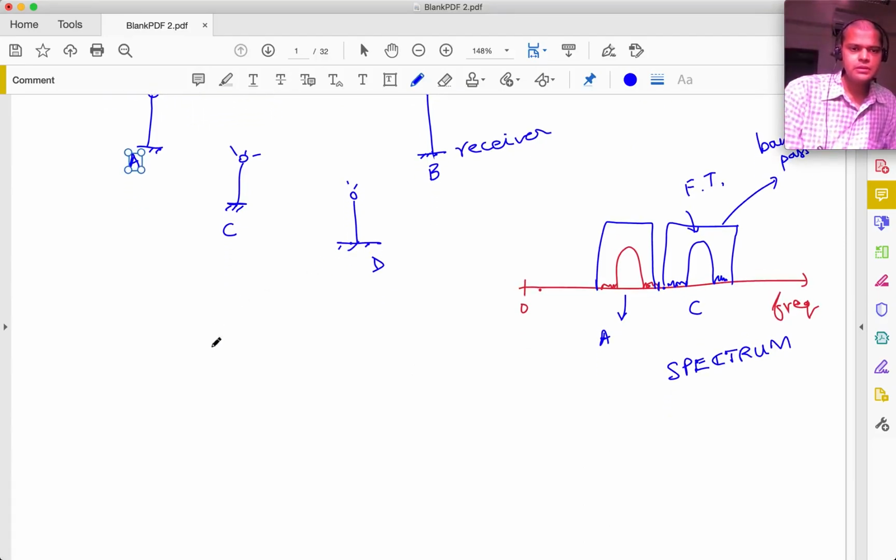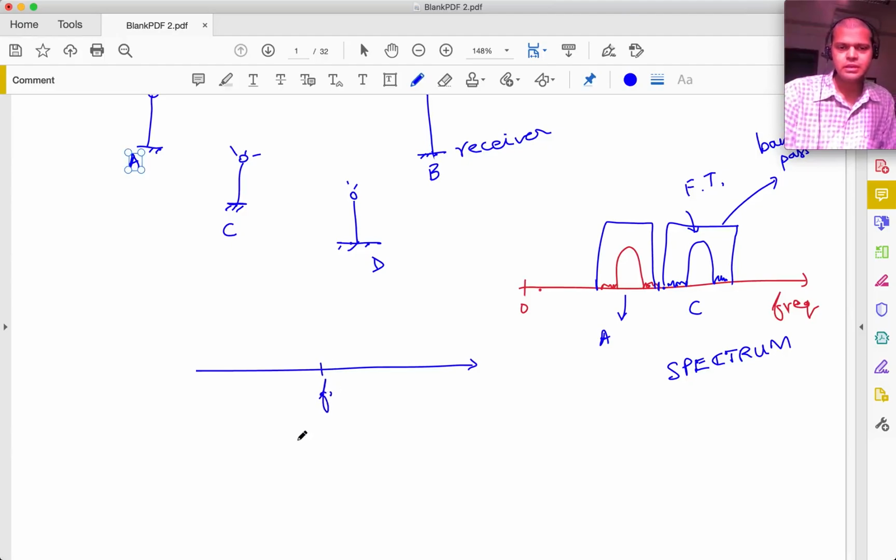Suppose the government has given us a frequency band. They say F0 is your center frequency, maybe it is, let's say, 1 gigahertz or 2 gigahertz, whatever. And they tell you, you had better keep your signal within this much of a band around this center frequency.